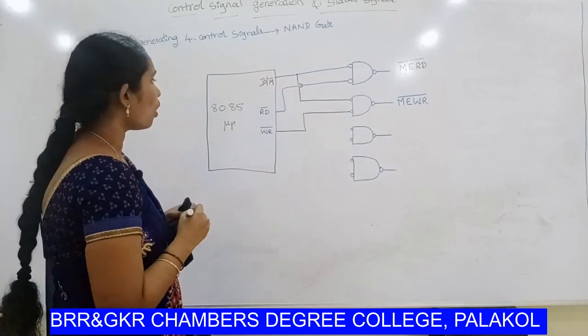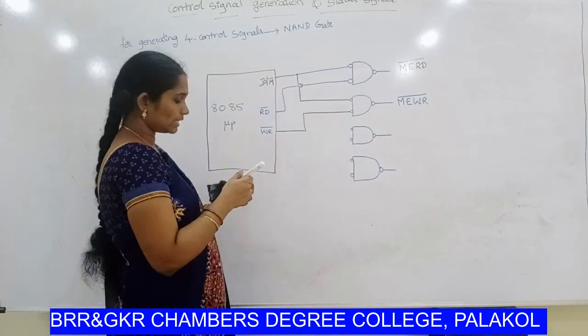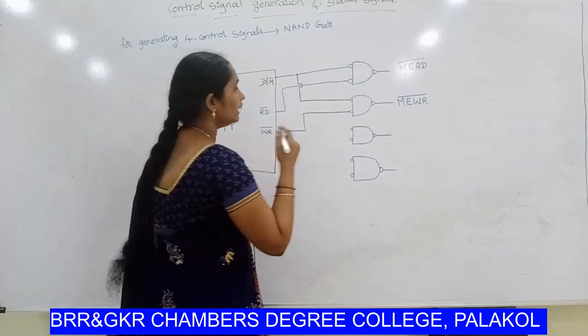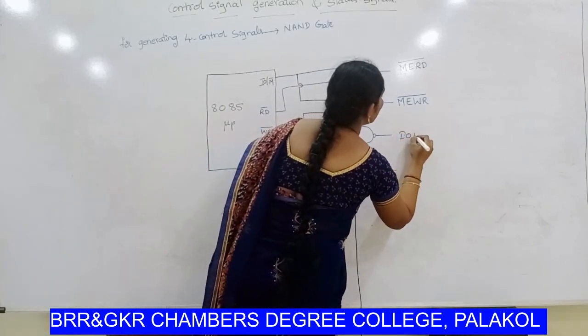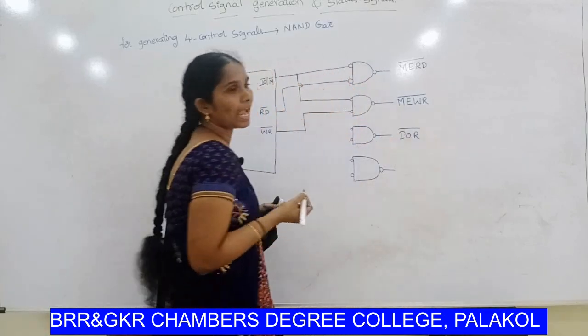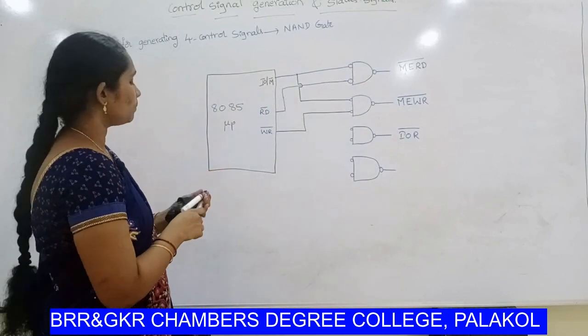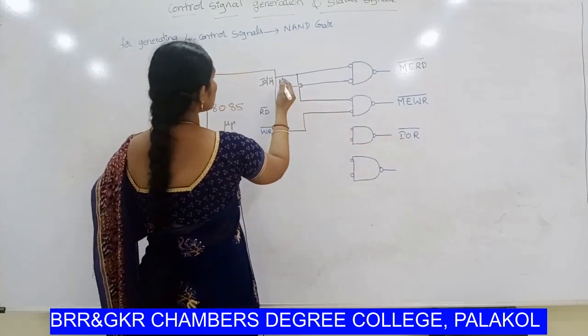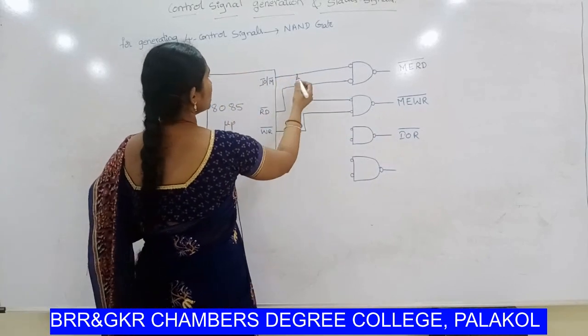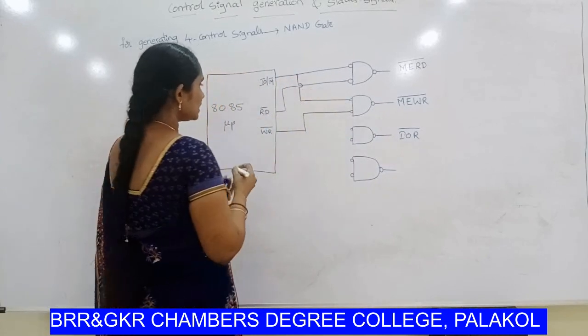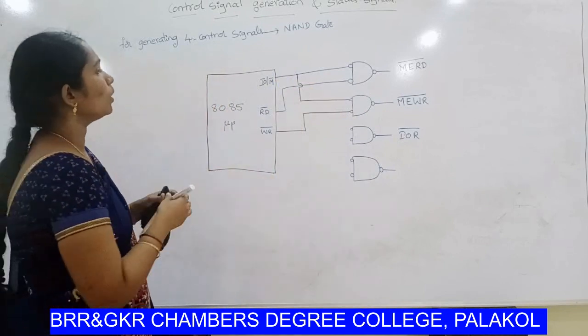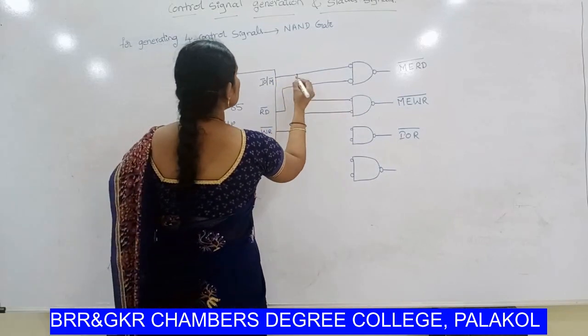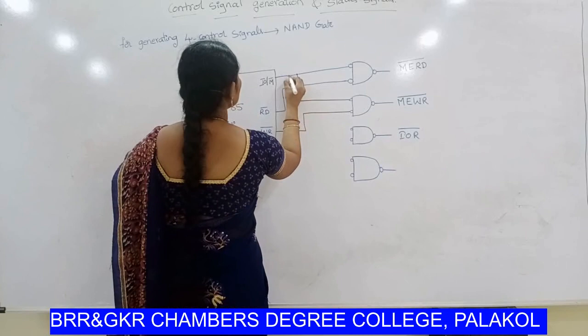Okay, and after that the third is the IO read. This is also an active low signal. So where is the IO signal? Here, this is the IO signal. Therefore we will use this as IO.